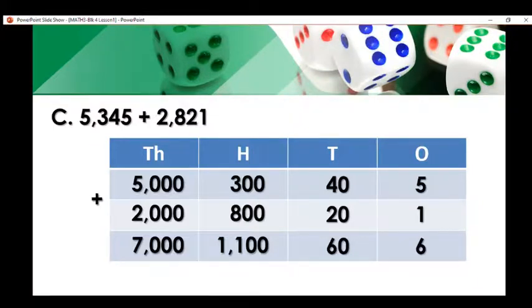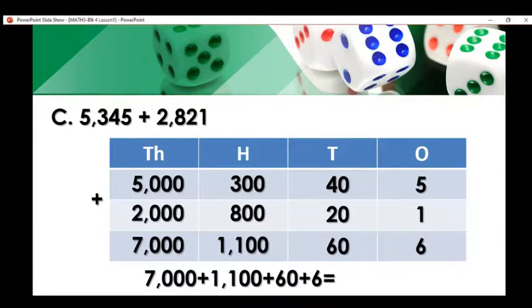We will add it to our 7,000, which is 8,100. So the answer would be 7,000 plus 1,100 plus 60 plus 6, which is 8,166. Very good. You got the correct answer.